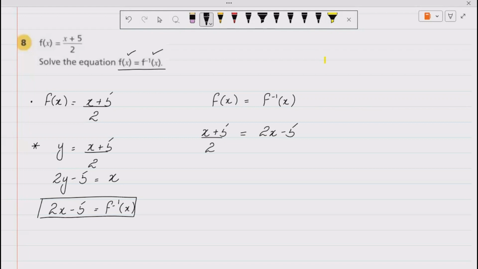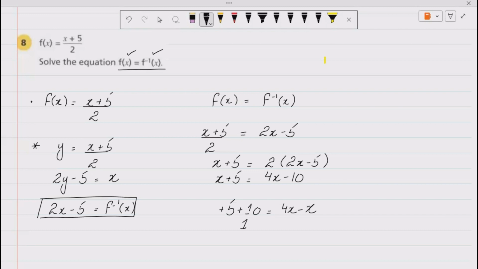This 2 is dividing, so it goes here. So x plus 5 is equal to 2 into (2x minus 5). Then x plus 5 is equal to 4x minus 10. Now this is plus 5, this minus 10 comes here, plus 10, this is 4x, this goes here, becomes minus x.